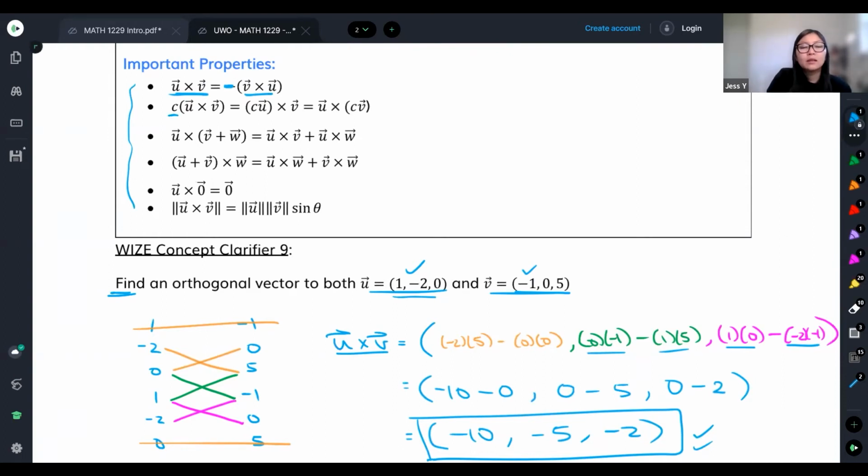Okay. This next one, if you have a number C, a constant C, and a cross product, guess what? Numbers flow through cross products. Just like dot products, right? Numbers can flow through a cross product, just like it flows through a dot product.